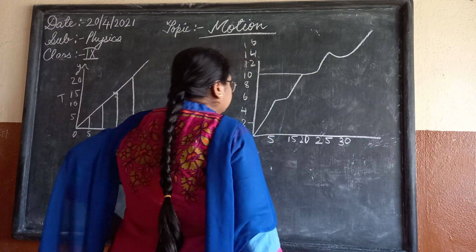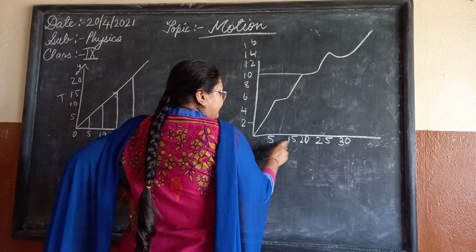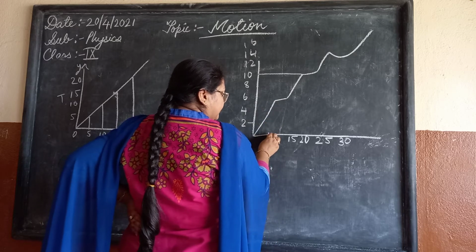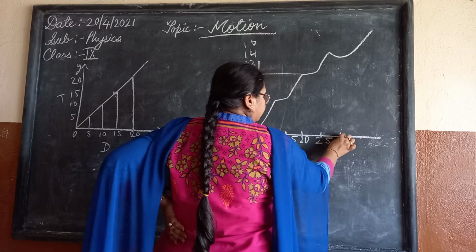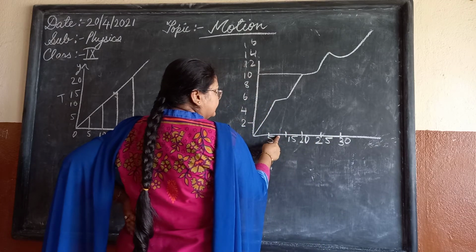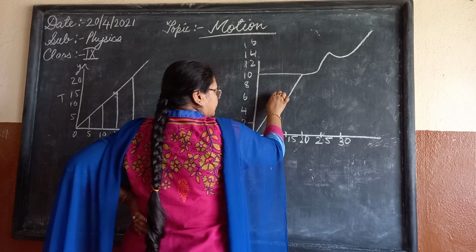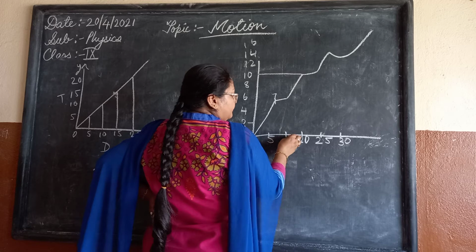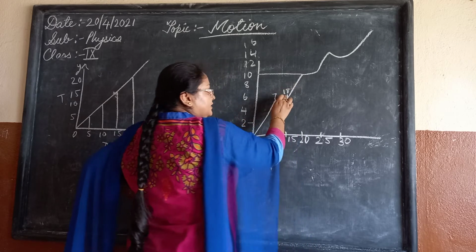So it is not moving in a ratio. Are you able to find it out? 5 to 10, it is not 5, it is more than 5. This is 5, this is 15, this is 20, this is 25, this is 30. So where is it moving? 6, more than 6, near about 7. This particular value is near about 15, 16, 17, 18. Near about 18 the value is.